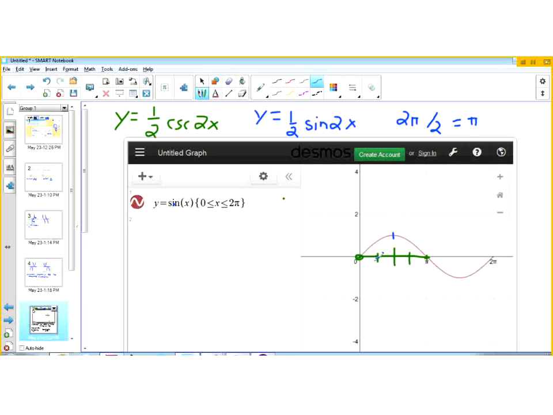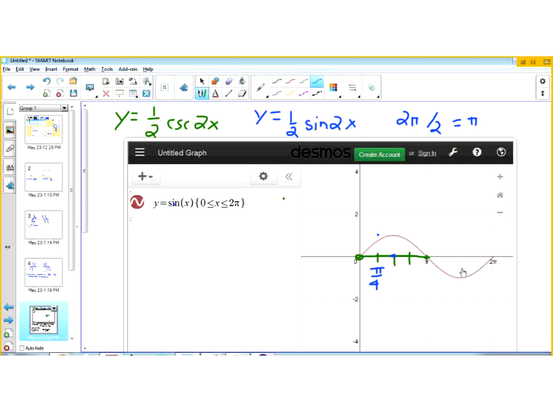So when we compress it, 1/4 through the interval of sine 2x would have to have an output of 1 as well. So at pi fourths, which is 1/4 of the way through the interval 0 to pi, the output would have to be 1. Halfway through the interval of a period of sine x, the output is 0, so halfway through the interval of a period of sine 2x, the output would have to be 0 as well.